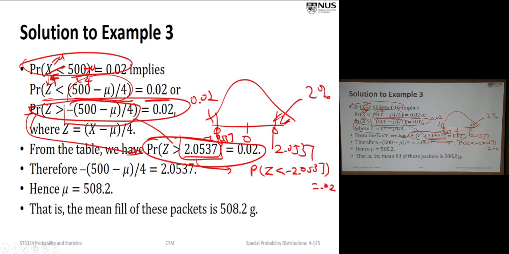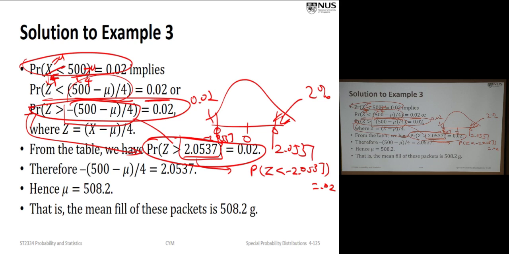All right. 508. So as a consumer, I expect 500, but on average I got 8 grams more. 8 grams means how many percent? It's almost 2%. 1 point. So a lot. So if you're the company, what to do?